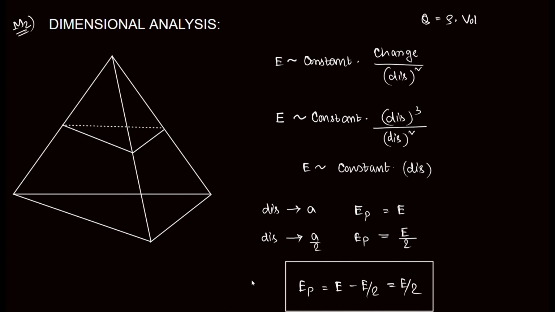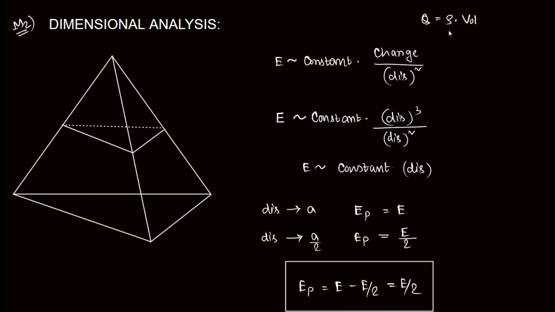So we can do this by dimensional analysis. From dimensional analysis we can say that the electric field at this vertex will be a constant times charge upon length or distance square. Okay, now what is charge? Charge is simply volume charge density multiplied by the volume of the structure.